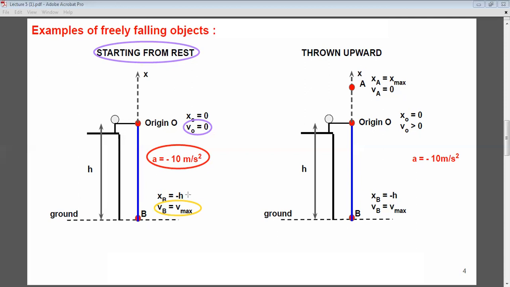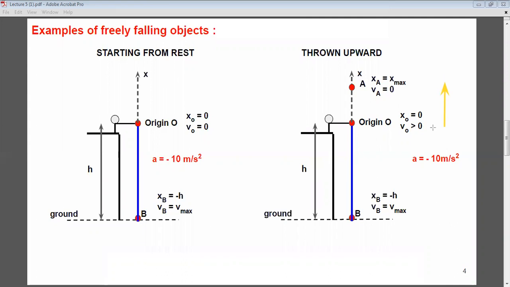There is another example of how the free fall can happen, which is I don't start from rest. I take the ball and I hit it upward. Okay, in order to hit it upward, you cannot start from rest.